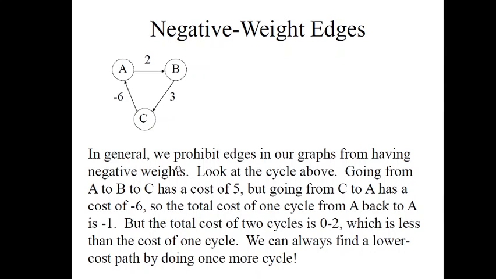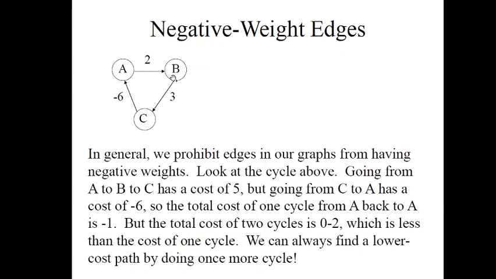The problem with this is actually a negative weight cycle. Going from A to B to C has a cost of 5, but going from C to A has a cost of negative 6. So the total cost of one cycle from A back to A is negative 1.